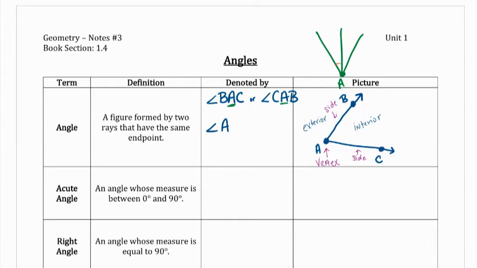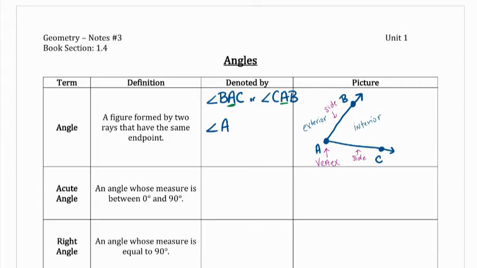I have this angle here, I have an angle here, and then I have the whole angle there. So there's actually three angles in that picture that have a vertex of A. So in that case, I can't just name that angle angle A. But if I only have one angle, like in our picture we drew here, then I can just call it angle A. Okay, if you ever doubt yourself on that, then just use 3 letters and you're always safe.